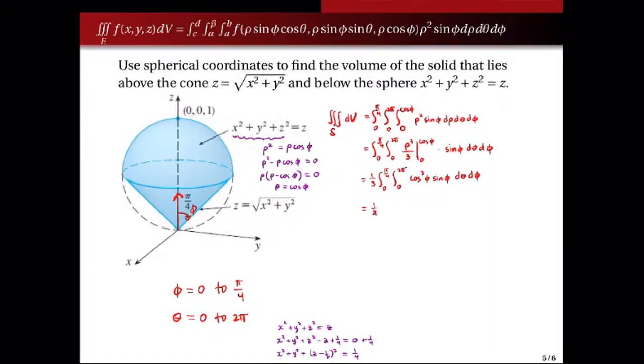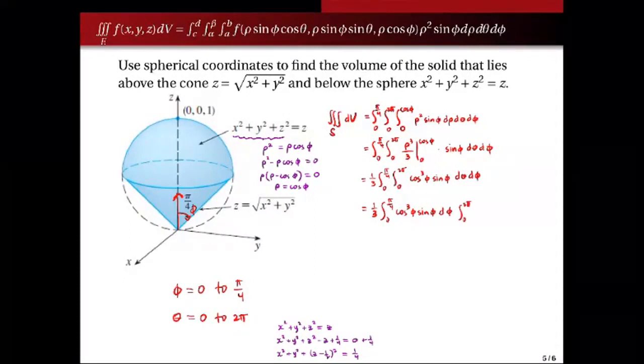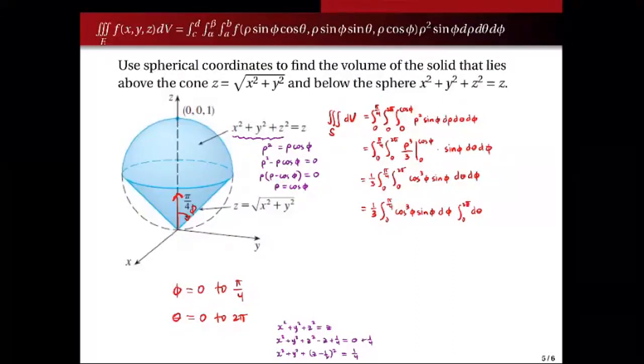You have 1/3 integral from 0 to pi over 4 of cosine cubed phi sine phi d phi, and then integral from 0 to 2 pi d theta. So for this, you can just let u be equal to cosine phi, du is negative sine phi d phi.